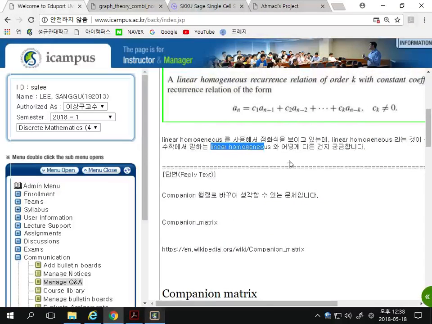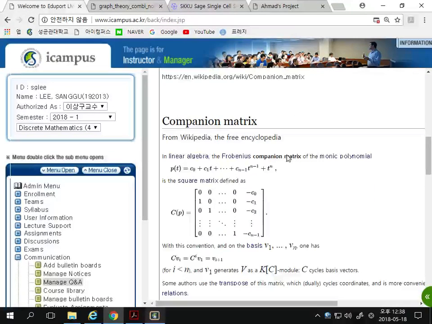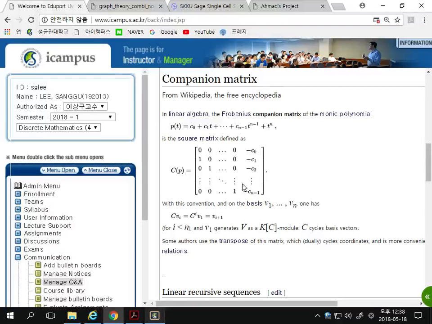Anyway, let's think about these recurrence relations. This recurrence relation can be translated into a polynomial like this, and if we define a matrix like this and multiply it by a vector, then what we're going to see is the next term.